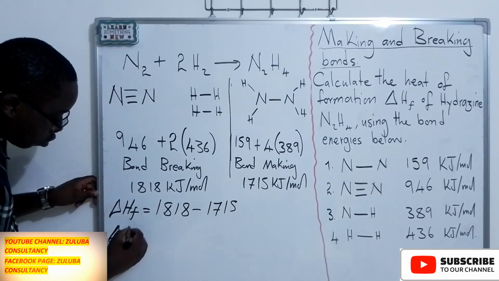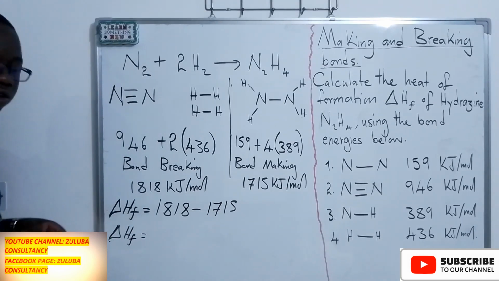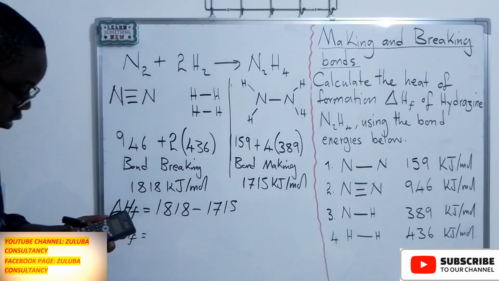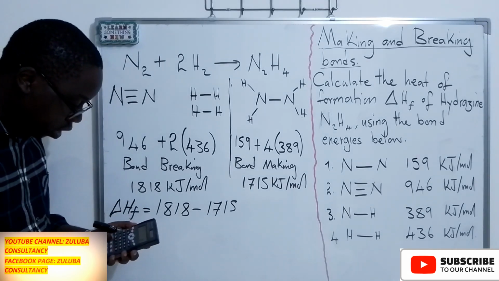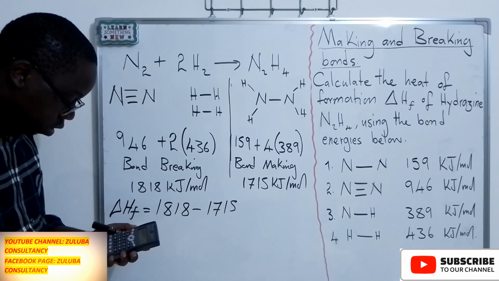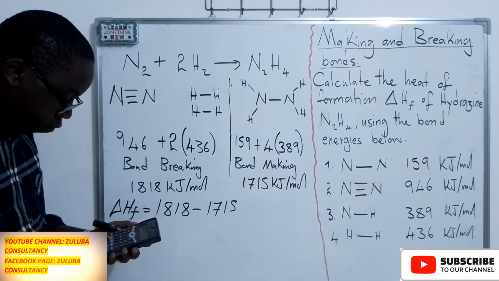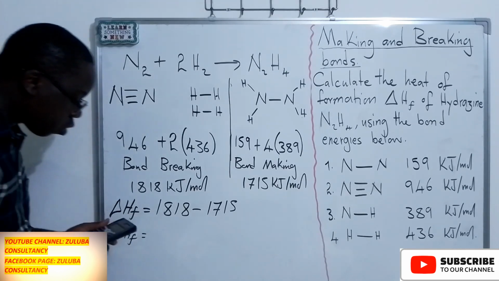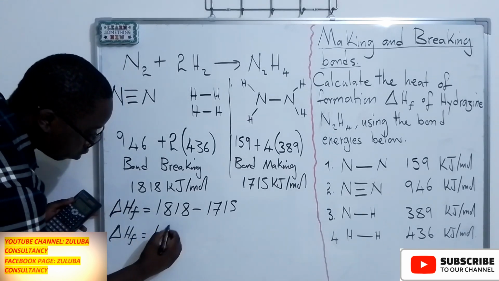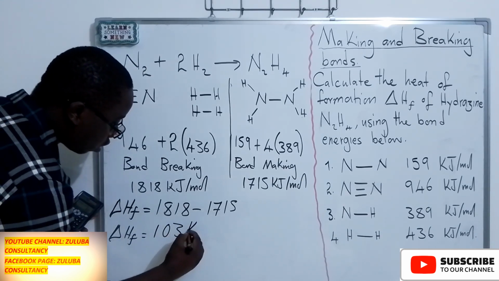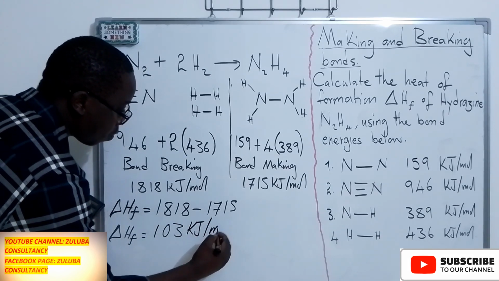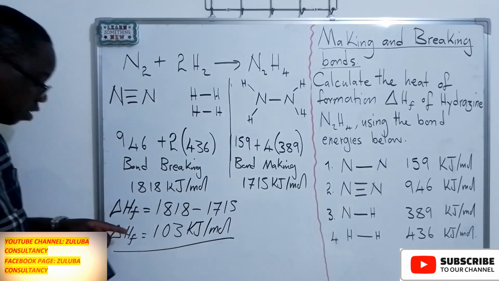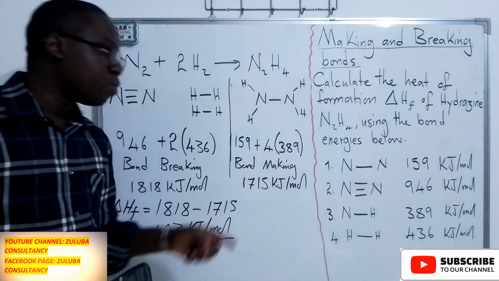When we use the calculator to solve this, 1,818 minus 1,715 gives us 103. So 103 kilojoules per mole becomes the energy that is needed to form hydrazine.